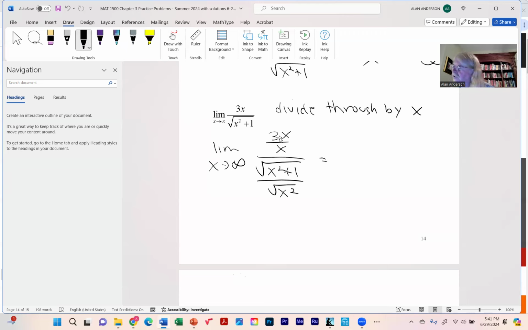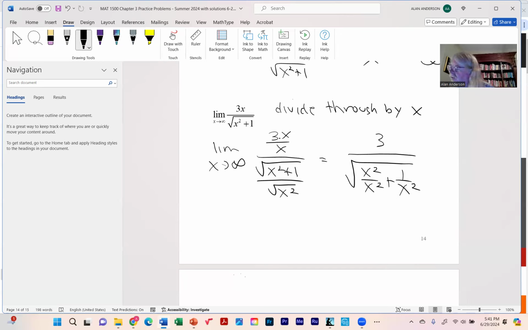And so that means what I've actually got here is this. See, now that's the tricky part. So dividing by x is the same thing as dividing by the square root of x squared.